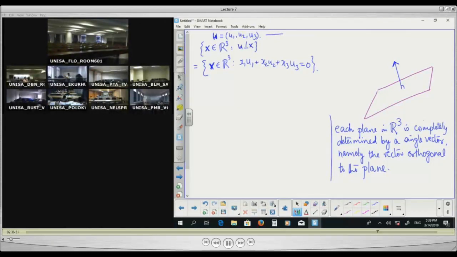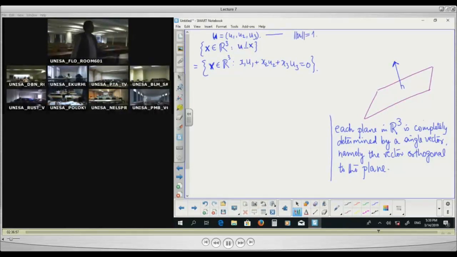This exactly becomes the angle when I assume the length of u is equal to 1, that is, u1 squared plus u2 squared plus u3 squared is equal to 1. We will see this when we do inner products and so on.